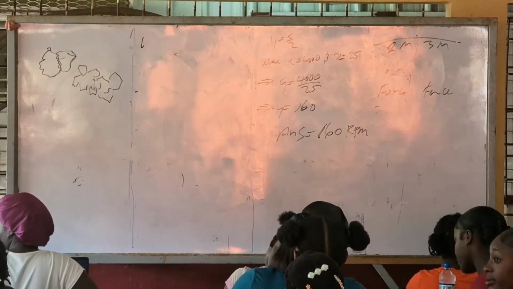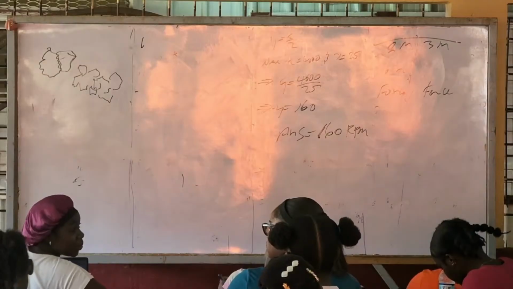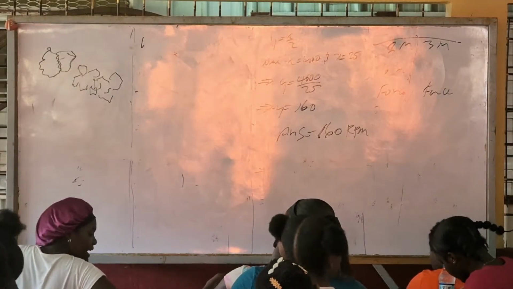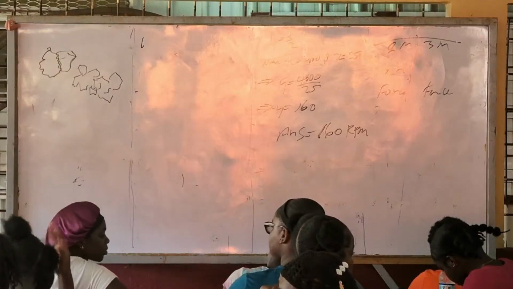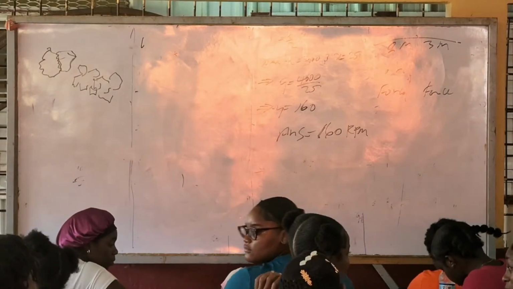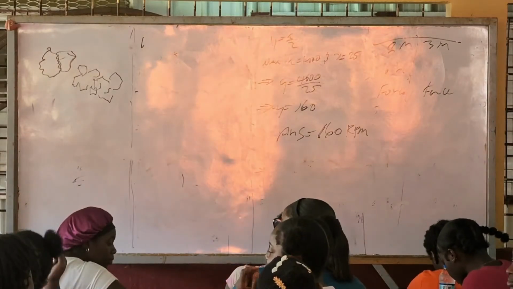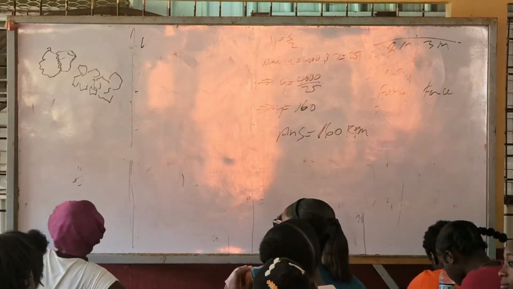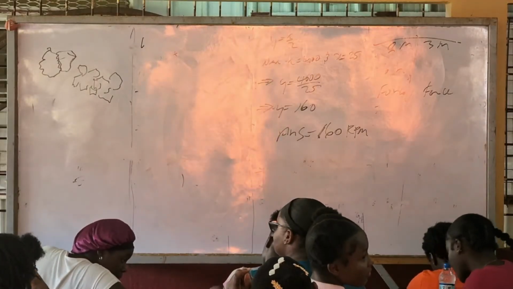K over 3 equals 6. Something went wrong. 18. X equal 2. X equal 2.